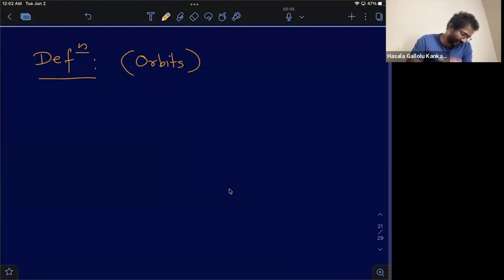When you consider the orbit, you can talk about an orbit under the action of a group.